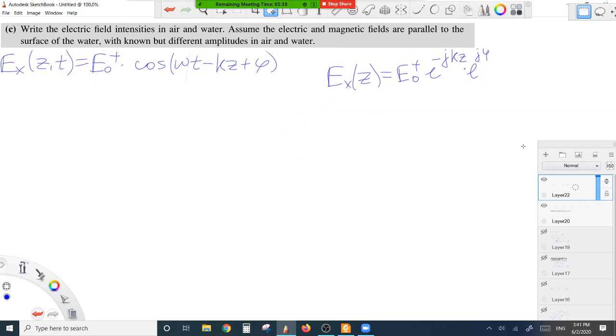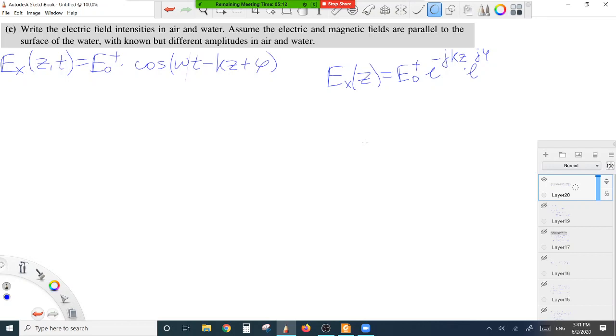Okay, perfect. Now how do we proceed? Using these two equations, we can write the electric fields in water and air.